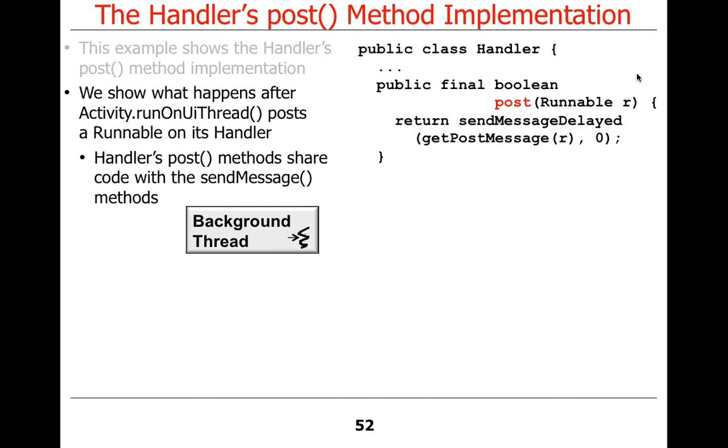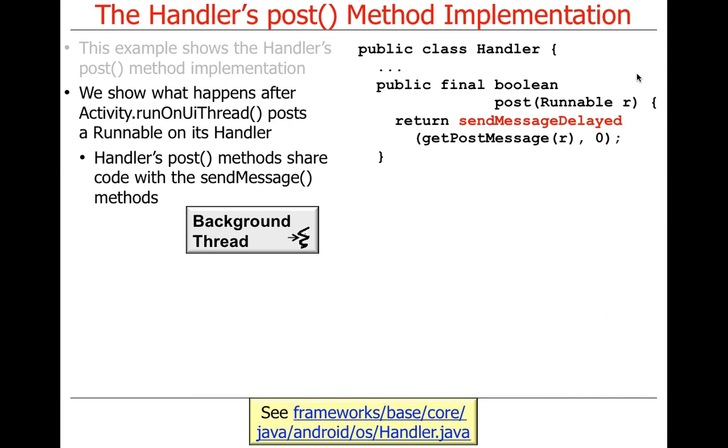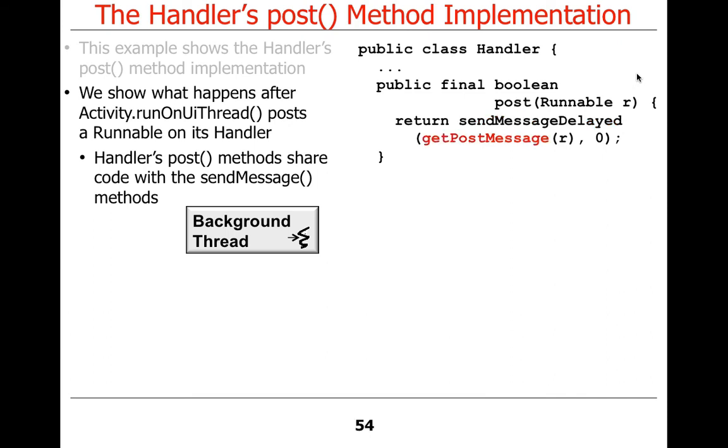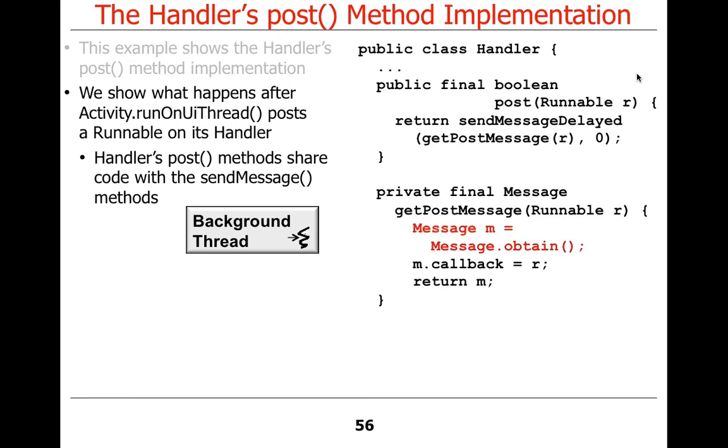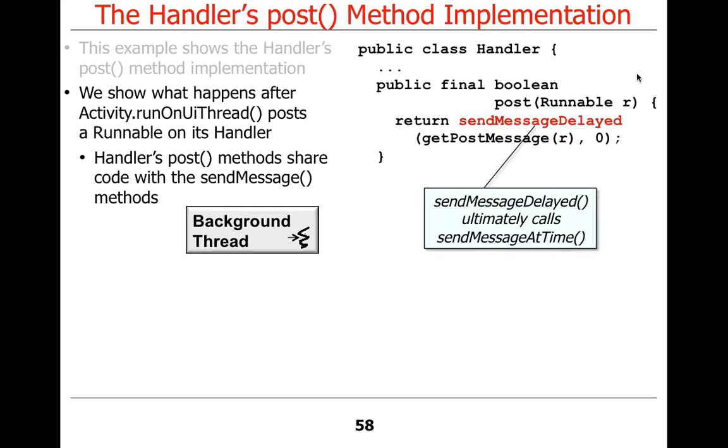Post turns around and calls send message delayed, on a call to get post message. And here's get post message. It takes a runnable, gets a new message, sticks the runnable as the callback field in that message, and then returns that message. So that's what gets sent to send message delayed.